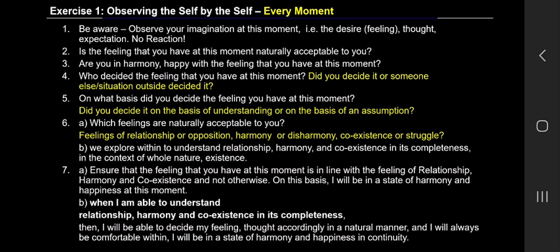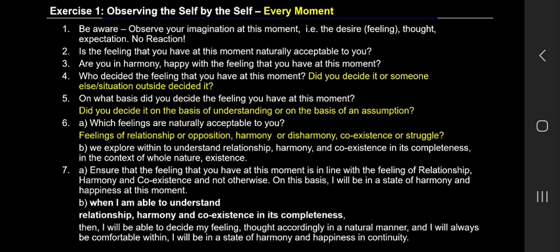And with this, in step 6b, we are exploring within to understand relationship, harmony, coexistence in its completeness, in the context of whole nature existence. Then in step 7, we are ensuring that the feeling that we have at this moment is in line with the feeling of relationship, harmony and coexistence.